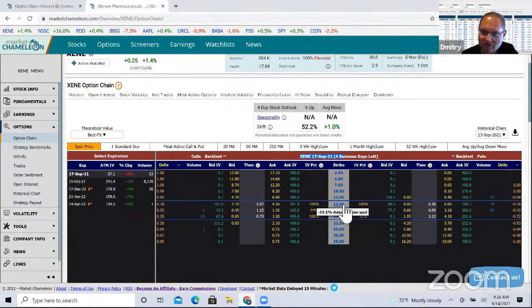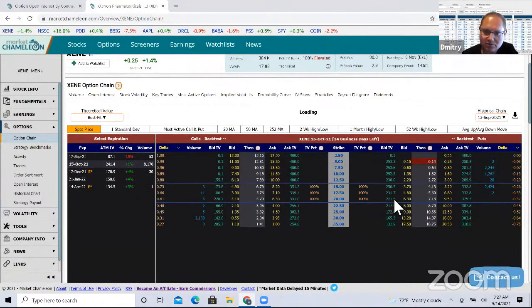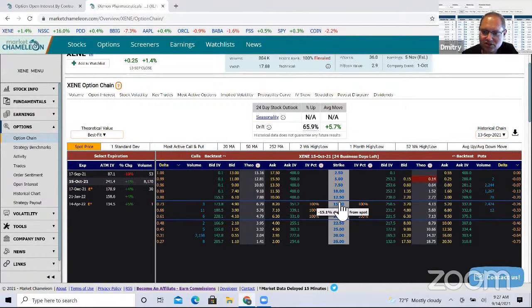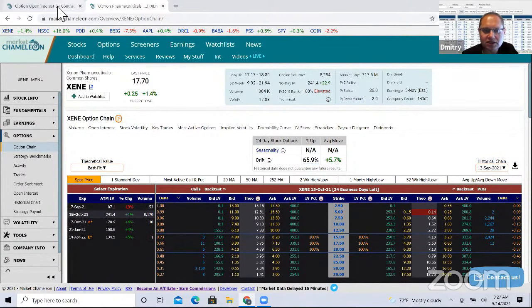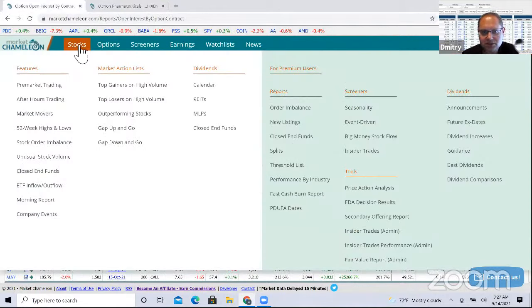The 15 strike is only 15% away. So here's the interesting part: 15% away on the 15 strike, 70% away on that 30 strike.